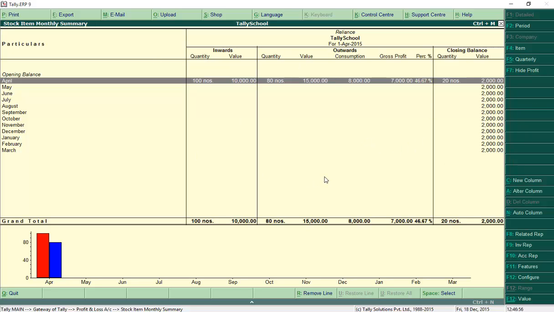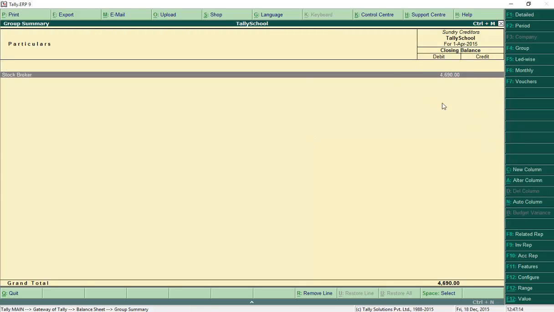If we come back to the balance sheet, let's check the balance sheet. Press Alt plus F1, and as you can see, the sundry creditors is on the debit side. So let's go in there. Now stockbroker has a debit balance, so that means it is not a creditor anymore, it is our debtor.